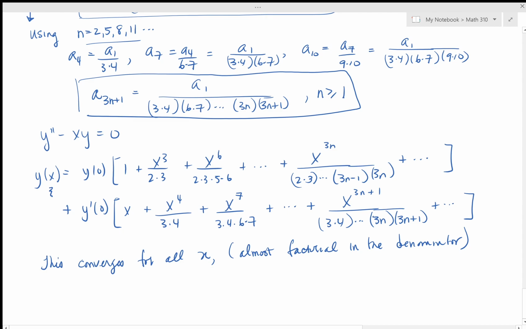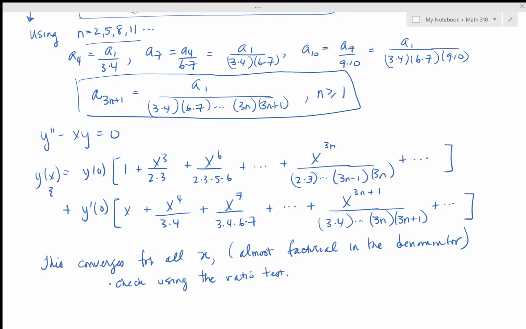If you wanted to verify for what values of x this function converged, you could check using the ratio test. I'm not going to require you to do this. We could also use the theorem that says we know the radius of convergence of p of x and q of x, and this solution will have at a minimum the minimum of those two.